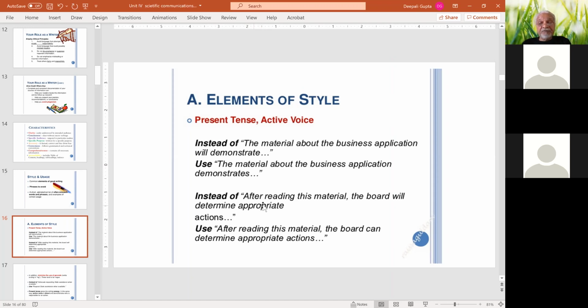Similarly, instead of writing "after reading this material, the board will determine appropriate action or actions," one can write "after reading this material, the board can determine appropriate actions." So there is a difference. One has to keep in mind that you have to use present tense in a situation like this, and active voice.